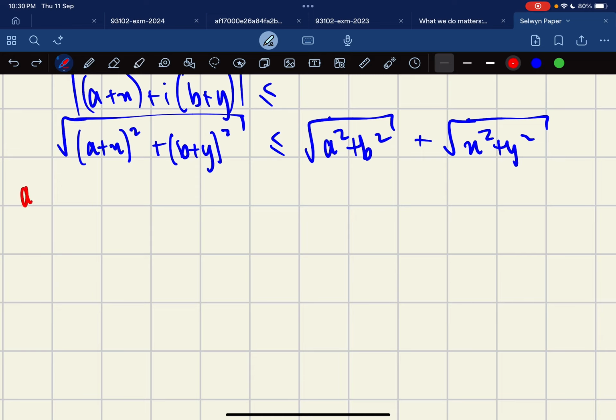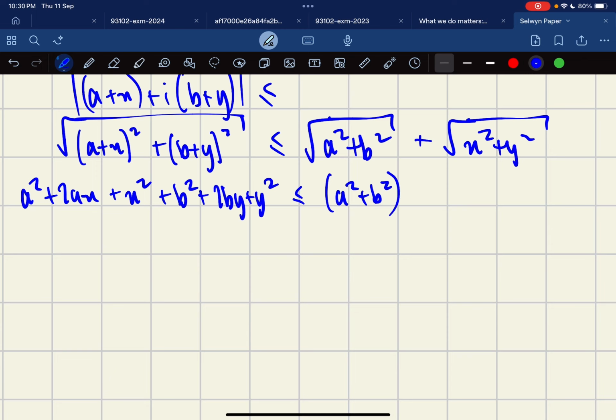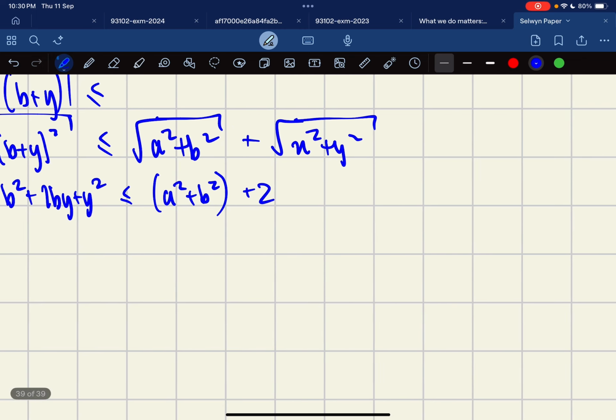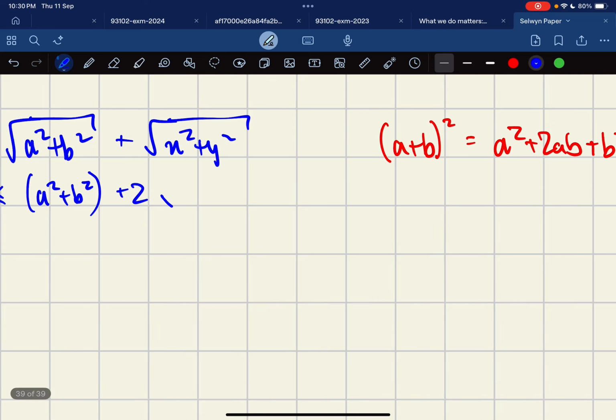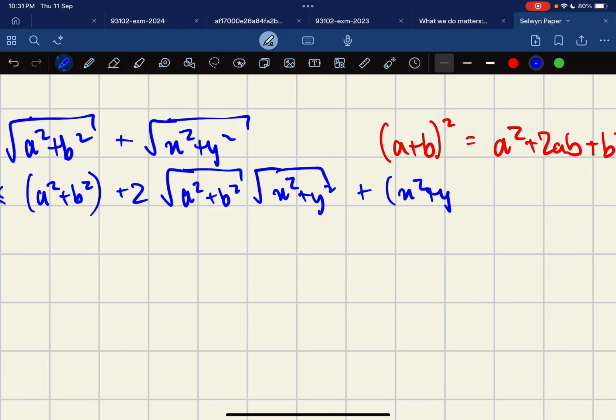So yeah, a squared plus 2ax plus x squared plus b squared plus 2by plus y squared less than or equal to a squared plus b squared plus 2 times, so this is expanding out a binomial, so a plus b squared gives you a squared plus 2ab plus b squared. Right, so I'm just going to simplify this as square root of a squared plus b squared multiplied by the square root of x squared plus y squared, and then plus x squared plus y squared.